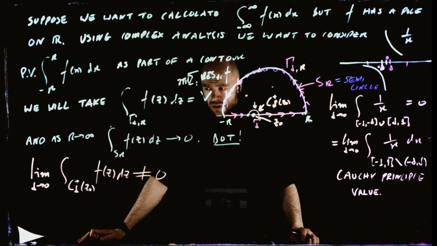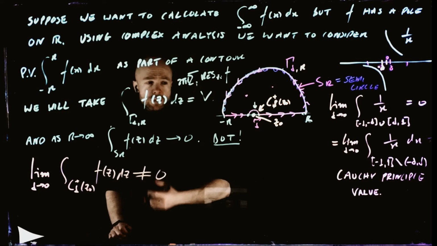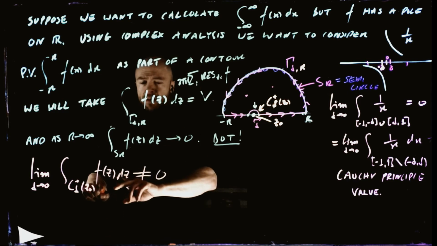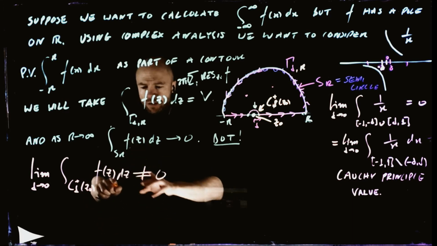So this would be completely lost. We wouldn't have any success with this, unless it turns out that we can actually calculate explicitly what this is. But that is the case. We can explicitly calculate what this is.